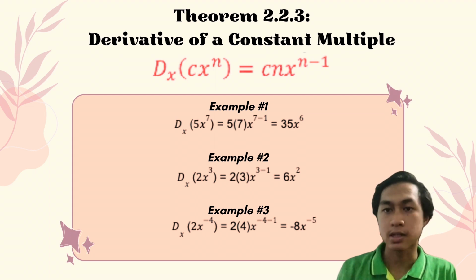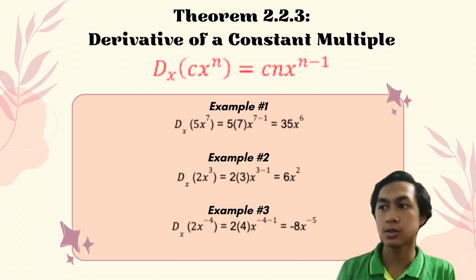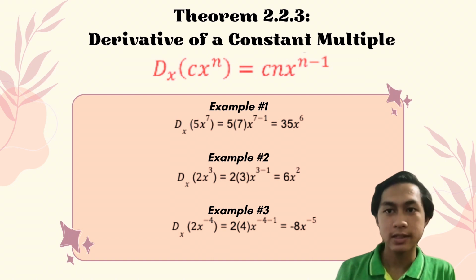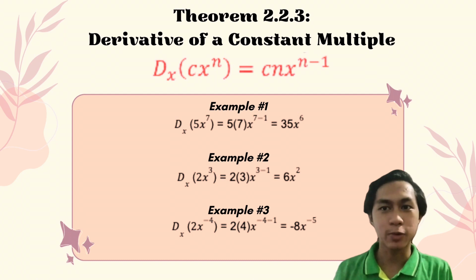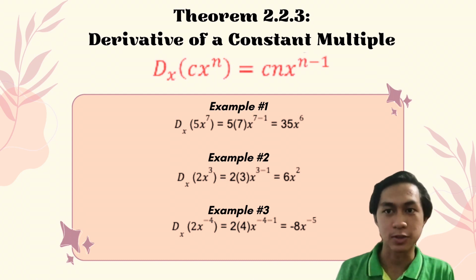And as always, subtract 1 from the power. So it will turn to 5 times 7 and x raised to 7 minus 1, and it will equal 35x raised to 6. You may try this third theorem for yourselves. I have prepared some more examples for this one.